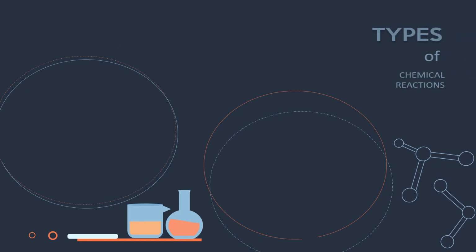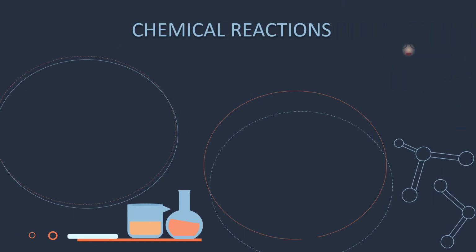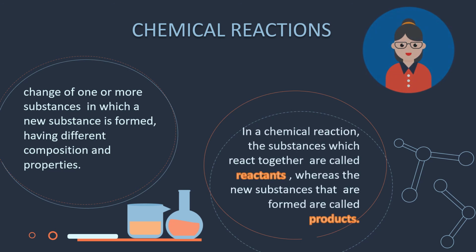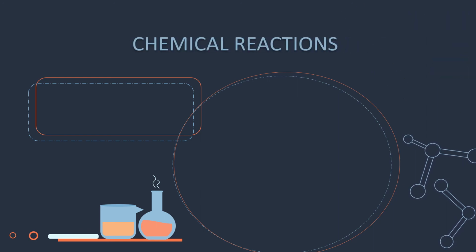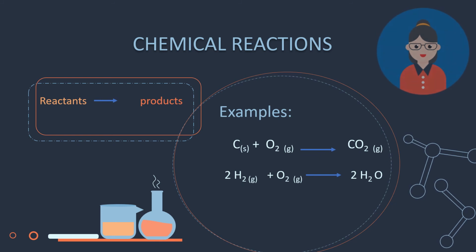A chemical reaction is a change in one or more substances in which a new substance is formed, having different composition and properties. It involves the reactants and the products, just like carbon and oxygen producing carbon dioxide, and hydrogen plus oxygen producing water.